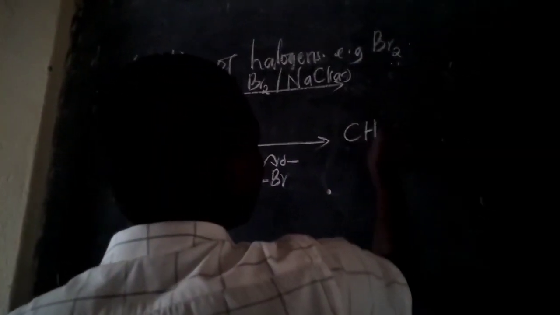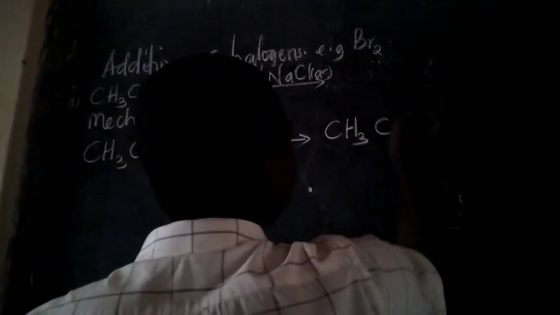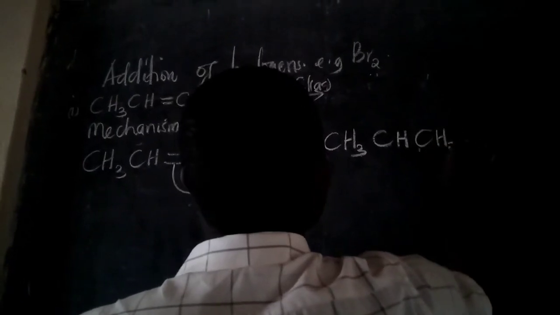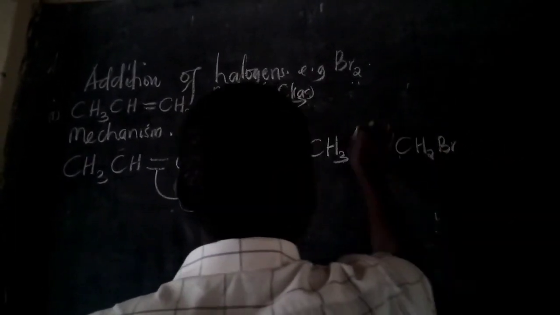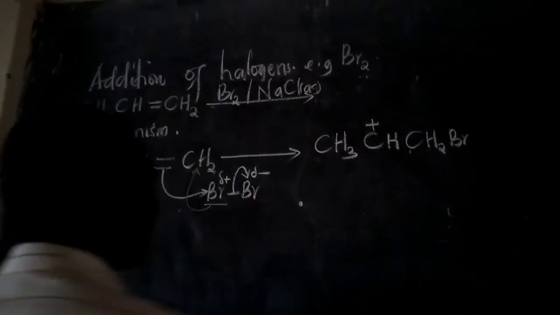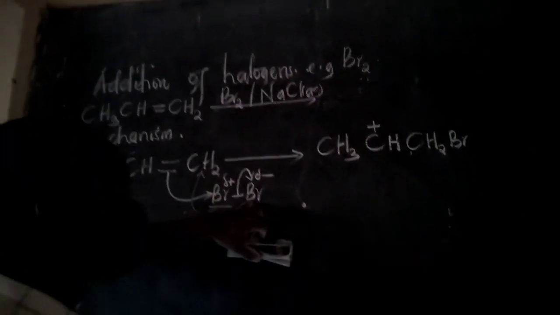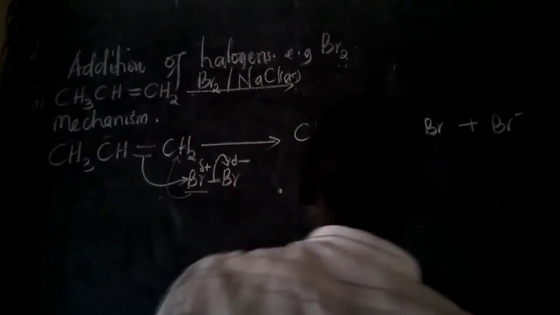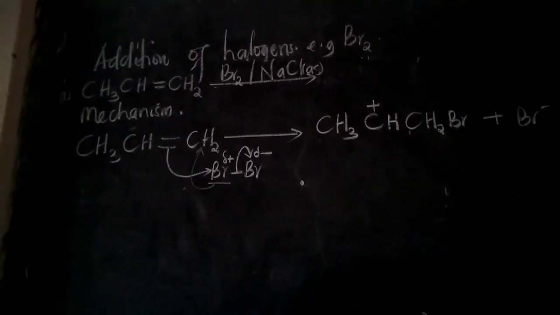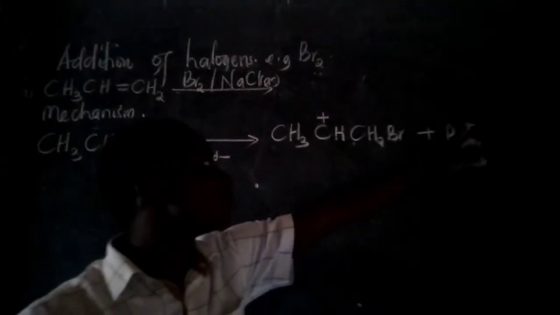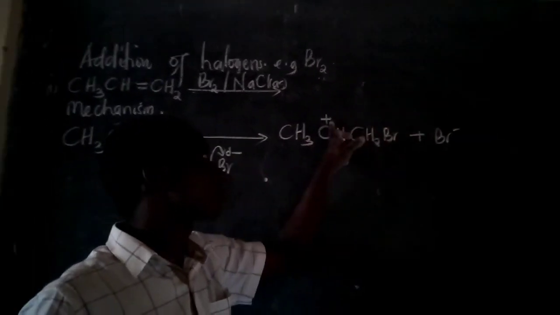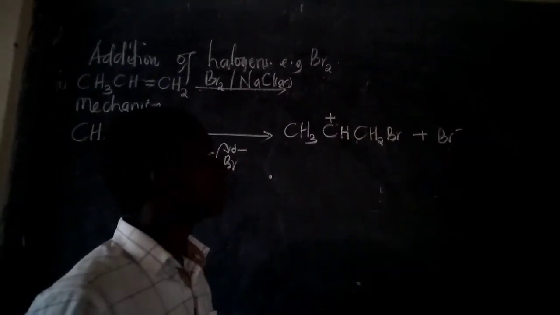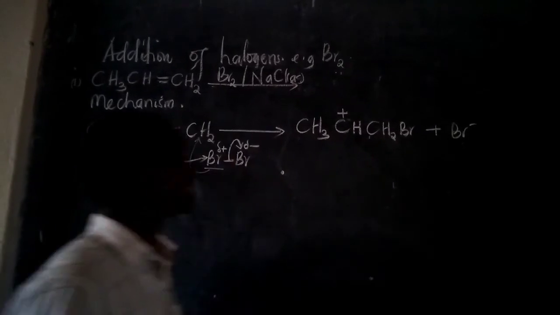So we shall come up with the CH3, CH2, and then the bromine. But recall we have created a carbonium ion. What is the effect of this? It is the formation of the bromide. Now what comes next? In our first example, we saw that this one comes and interacts with this, and we come up with a vicinal dihalide.